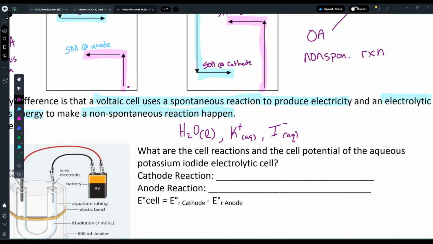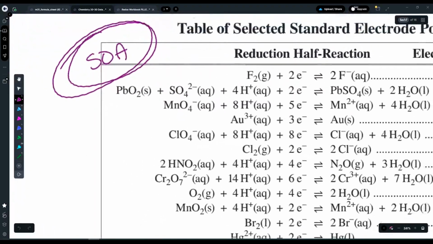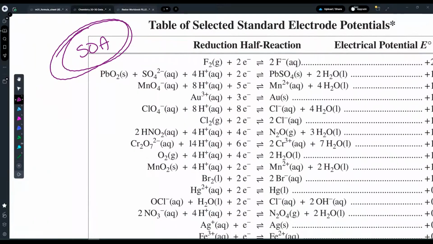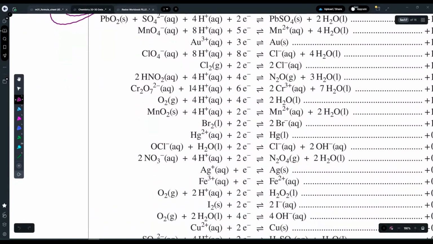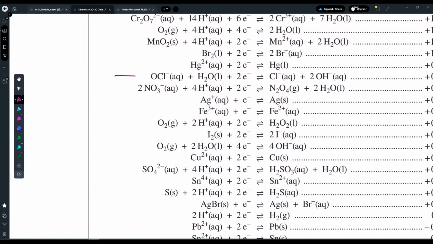Okay, so we have our species list. Now we need to go to our redox table on page 7 and figure out what is our SOA, what is our SRA. Looking here, I'm keeping in mind I've got water, potassium ions, and iodide ions. Let's see what we can find first. For this reaction, yes, it has water, but we don't have this hypochlorite ion. Therefore, we can't use this reaction here.